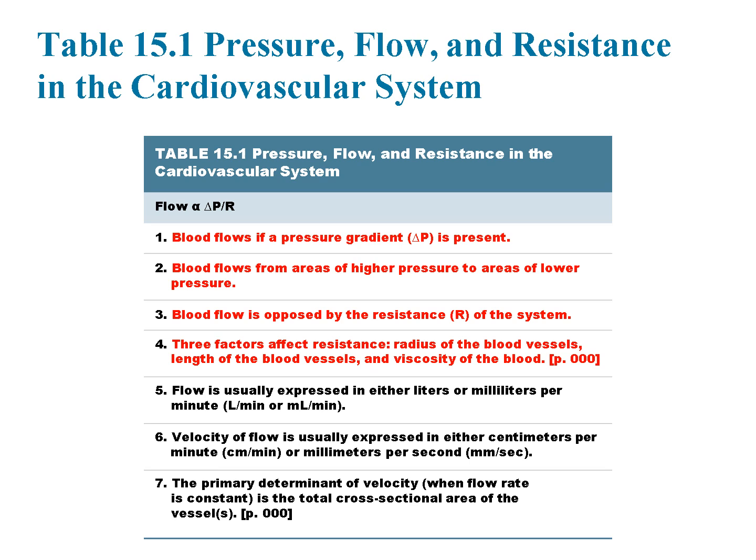Blood flow is measured in liters or milliliters per minute, reflecting the volume of blood moving through the system. The speed at which blood moves, known as velocity, is expressed in centimeters or millimeters per second. When the rate of blood flow remains constant, the primary factor that determines the speed of movement is the total cross-sectional area of the blood vessels.